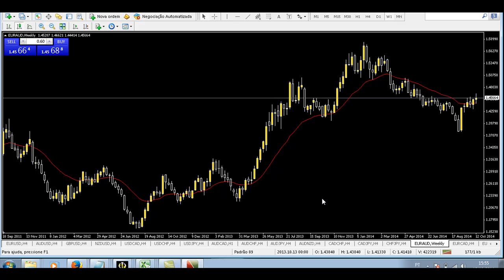So the direction of the trend is up when the price is above the moving average. When the price is below the moving average, the trend is down, and we can check here the trend is completely down. But in this moment the EUR/AUD has an uptrend. Why?